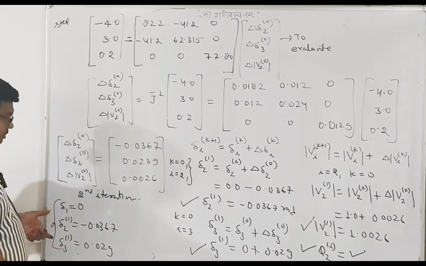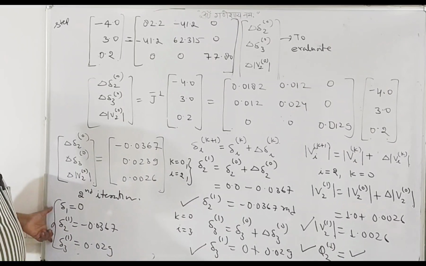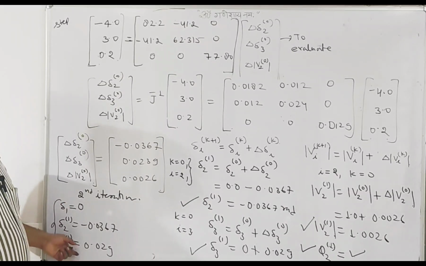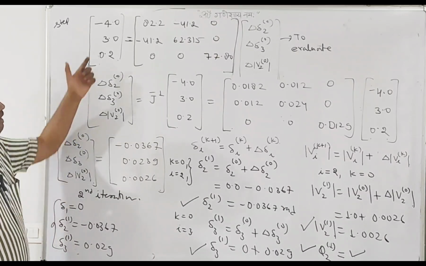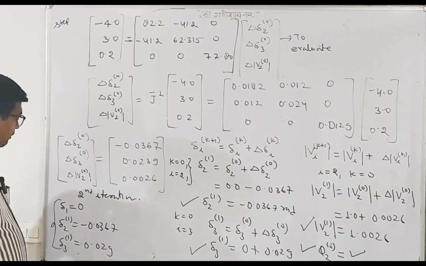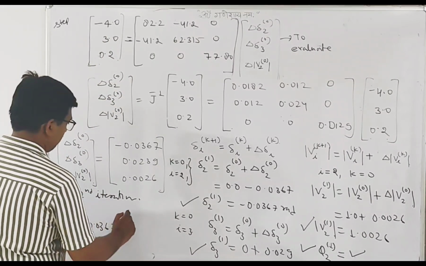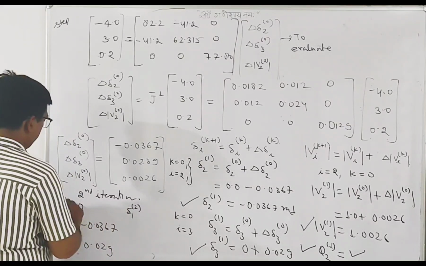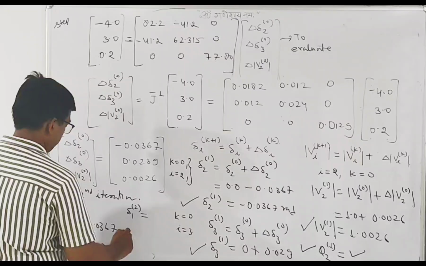They have to be used for the second iteration. In the first iteration these values were all 0, and then we have to repeat the same procedure, and when we repeat it, we will get the final result at the second iteration, which I am writing.